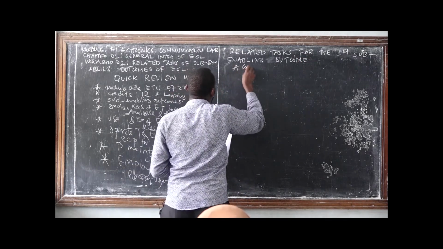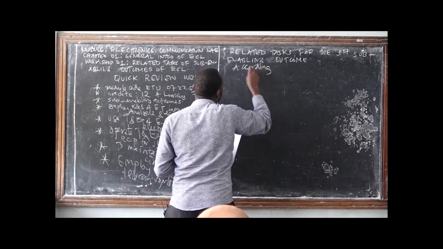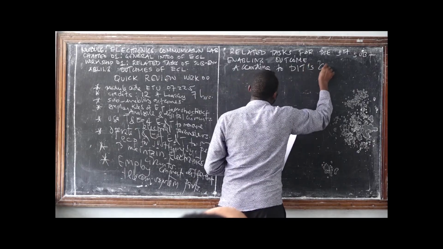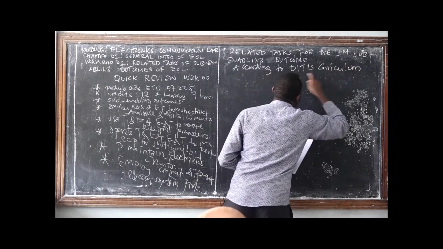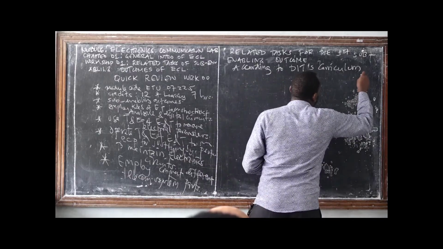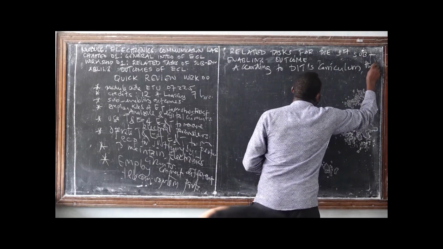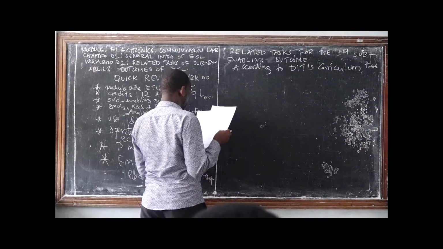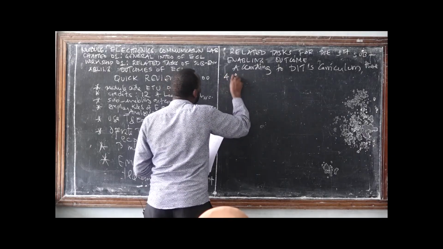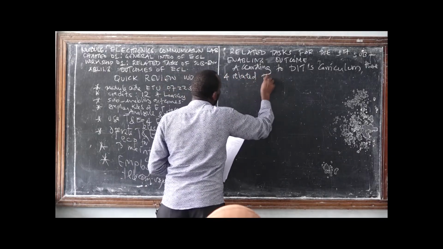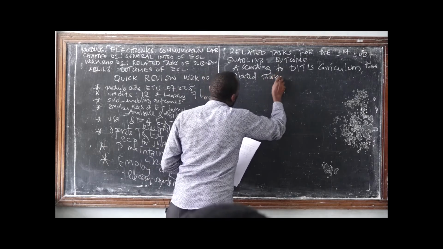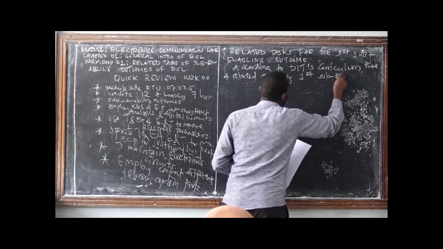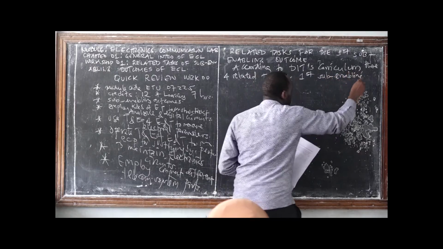So we say that according to DIT's curriculum, Dar es Salaam Institute of Technology curriculum, there are 4 related tasks of the first sub-enabling outcome.